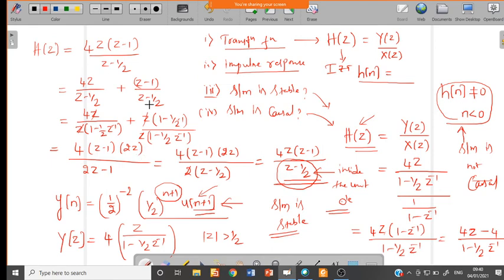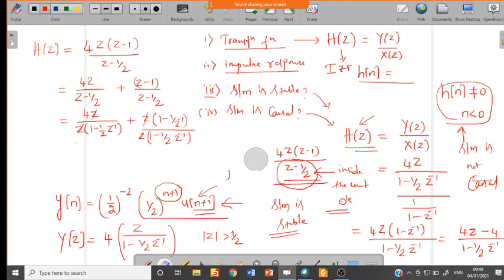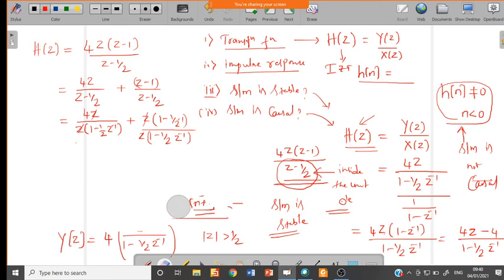Now we can get back h of n. What is h of n? Since it is 4 into 1 over 1 minus half z inverse, we can write it as half power n into u of n.